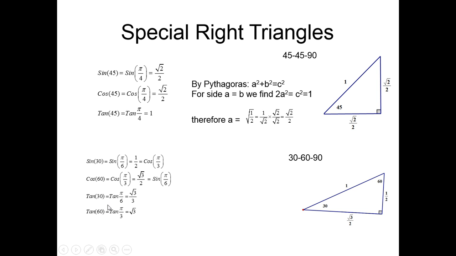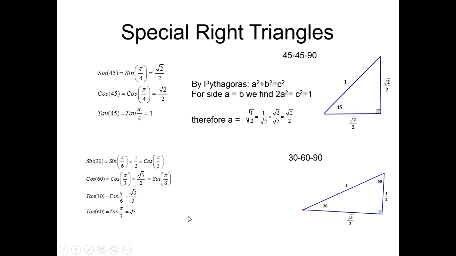The tangent of 30 degrees is the opposite over the adjacent, so that is 1/2 over root 3 over 2, which becomes root 3 over 3, and the tangent of 60 would end up being root 3.